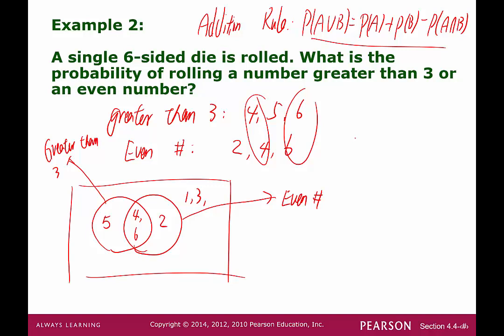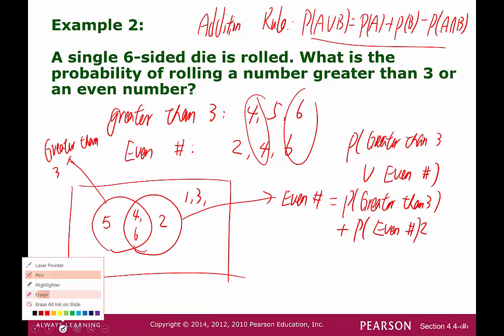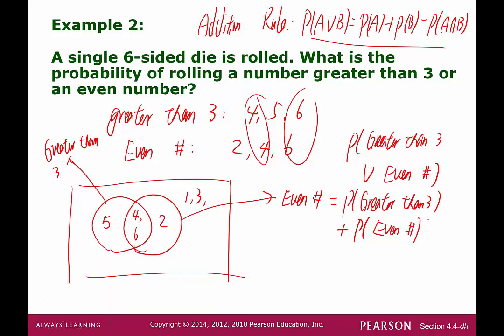So now the probability of greater than 3 union even number should be the probability of greater than 3, adding the probability of even number, and then minus the probability of greater than 3 intersect even number.